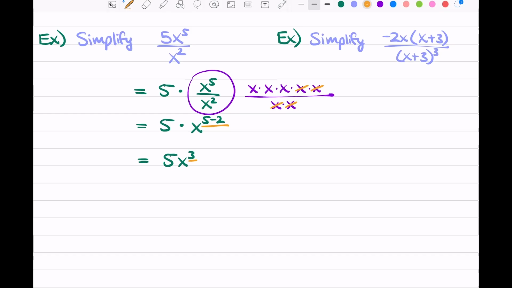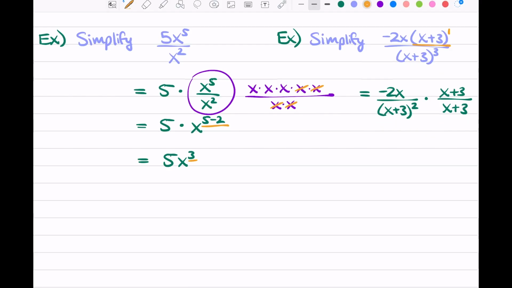In this case, we have 1 x plus 3. You could think of this as x plus 3 to the 1st power. And then on bottom, we have 3 x plus 3's. And we can rewrite this to get one of those x plus 3's to cancel out. So we could write this as negative 2x over x plus 3 squared times x plus 3 over x plus 3. If you multiply these two fractions, you get back to our step above.